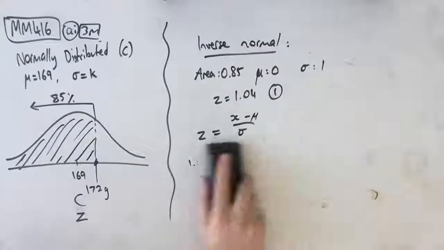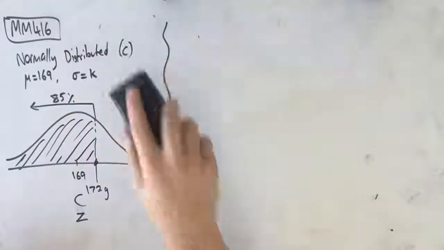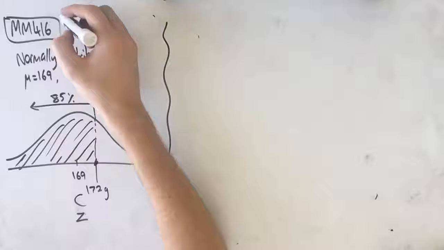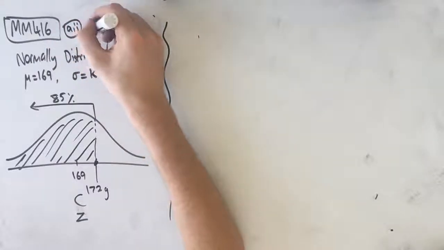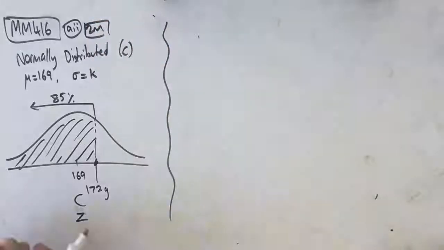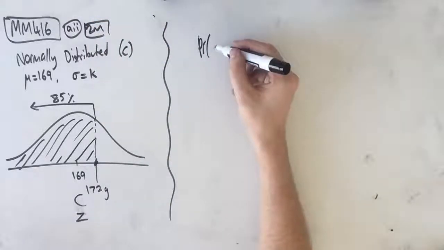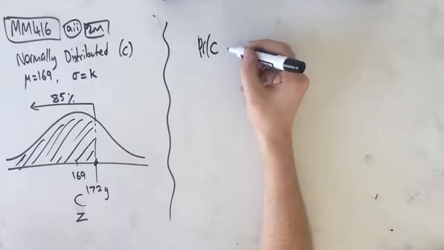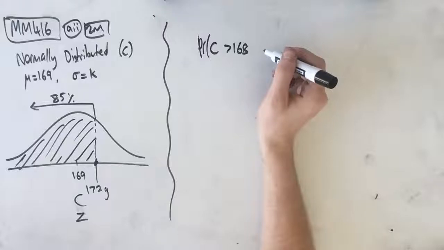Part AII is a 2-mark question and tells us that a randomly chosen packet of corn chips weighs less than 172 grams. What is the probability that it weighs more than 168 grams? Awesome. So what we're essentially saying is we're looking for the probability that this packet weighs more than 168 grams, but we know that it weighs less than 172.